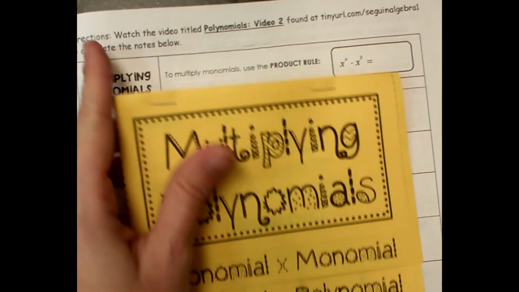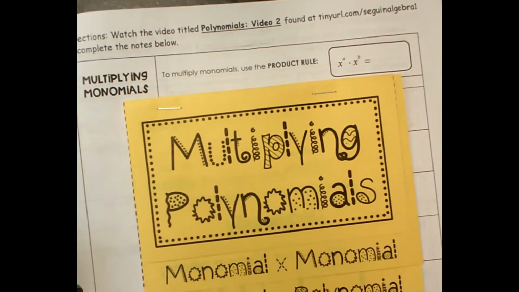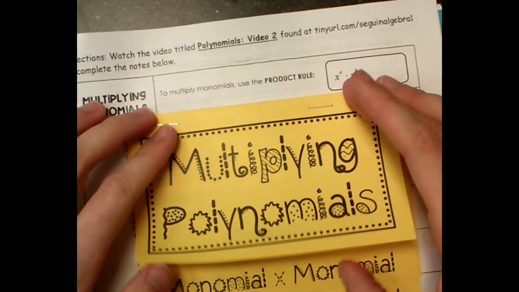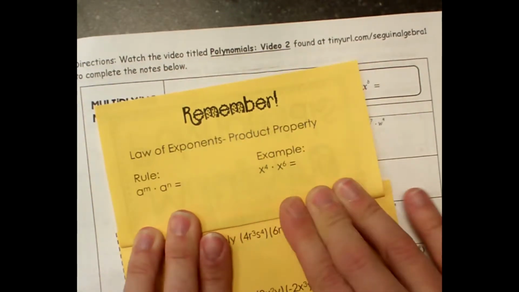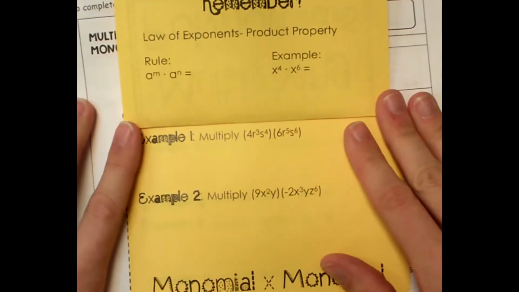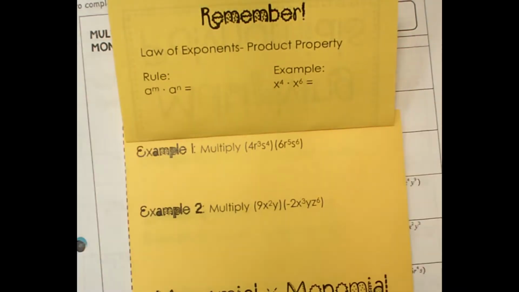So then if we start our notes, the monomial by monomial, you need to stop the video to finish that. That's okay. So be sure you get your notes made. You're going to open it up to the front, the first page. And these are our notes. You'll use these notes to complete page 13.